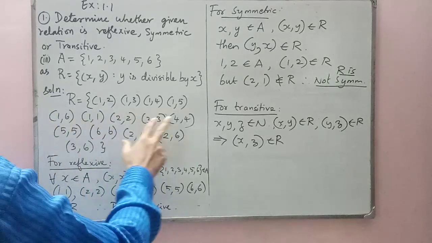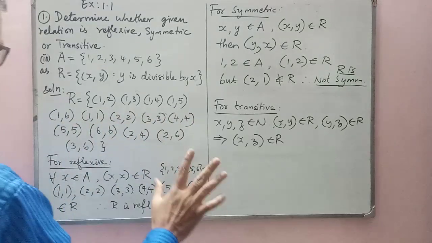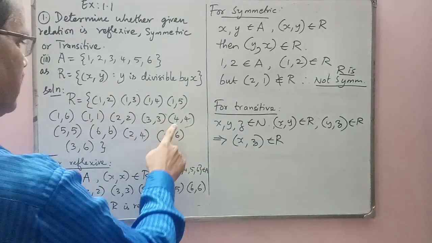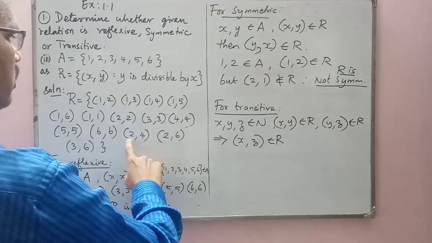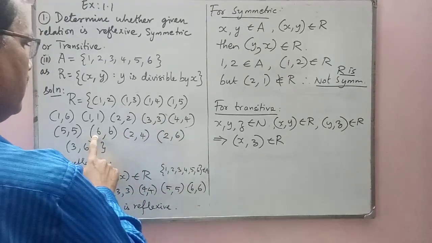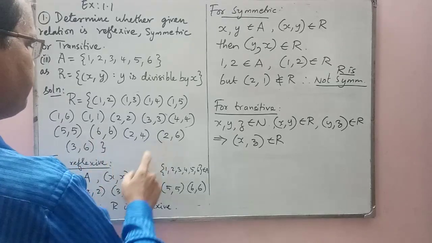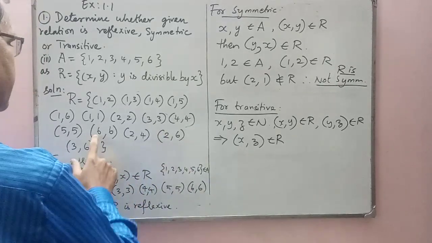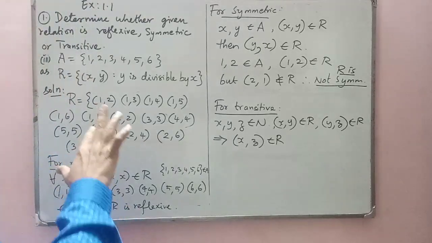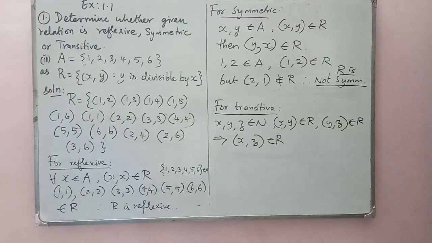1 comma 1, 2 comma 2, 3 comma 3 are always transitive, no doubt. 2 comma 4, do you see any ordered pair starting with 4? Yes. So 2 comma 4, 4 comma 4, 2 comma 4 is there. 2 comma 6, 6 comma 6, 2 comma 6 is there. Okay, children. Then 3 comma 6, 6 comma 6, 3 comma 6 should be there, it's there. So you can see every element is having transitivity.